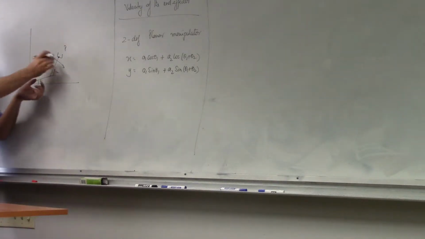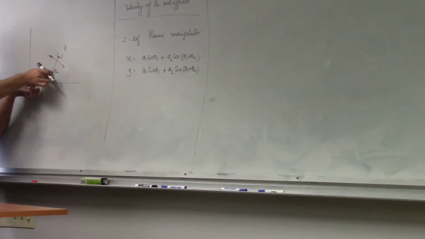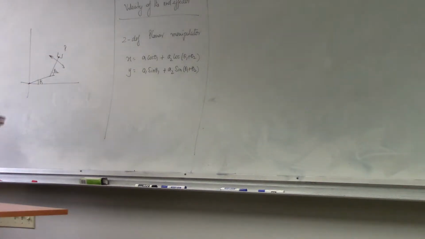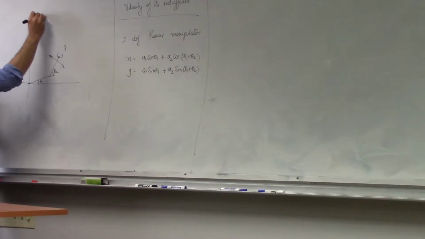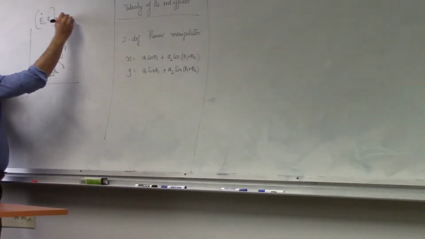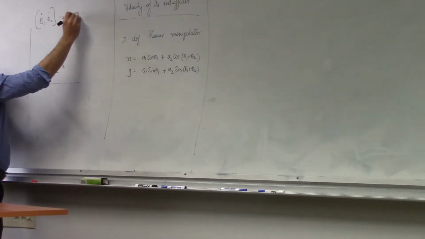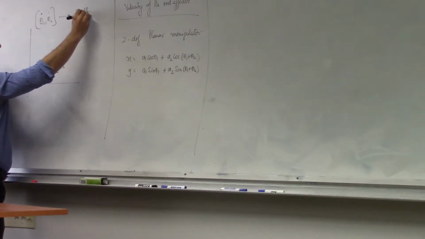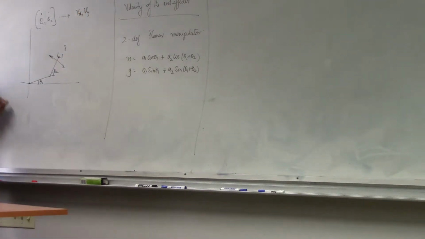The only way I can control the motion of this is by controlling θ1 and θ2. So there has to be a relation between θ1 and θ2, and the velocity of the end effector, which let's call Vx and Vy.